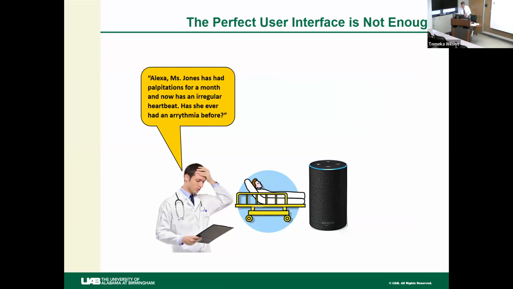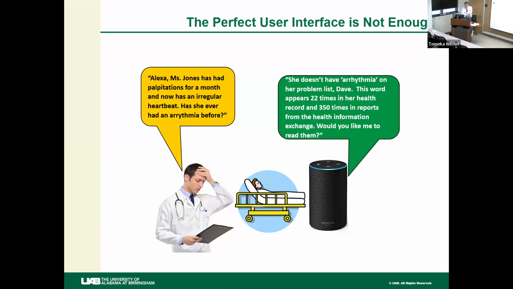Alexa, this is Joan, who's had palpitations for a month and now has an irregular heartbeat. Has she ever had an arrhythmia before? She doesn't have arrhythmia on her problem list. This word appears 22 times in her health record and 350 times in reports from the Health Information Exchange. Would you like me to read them? Yes.